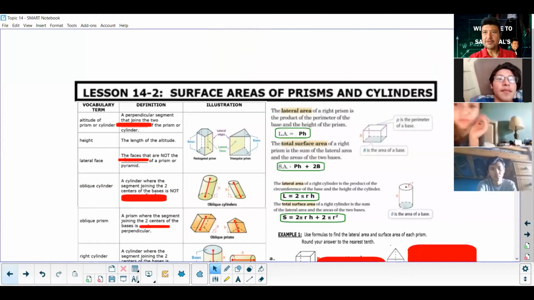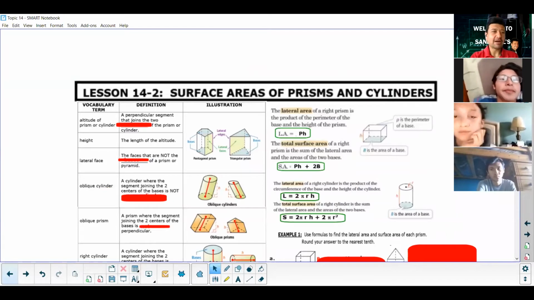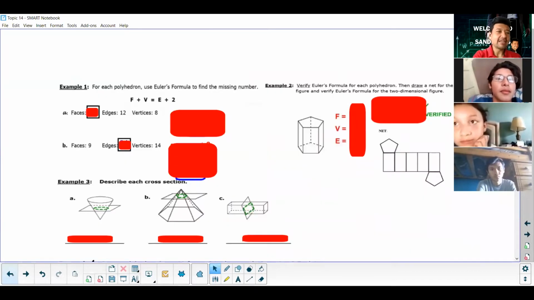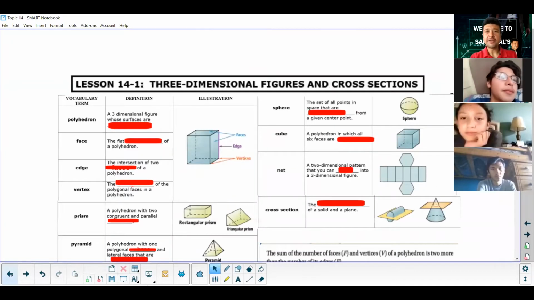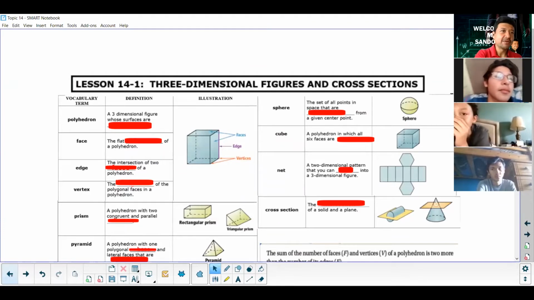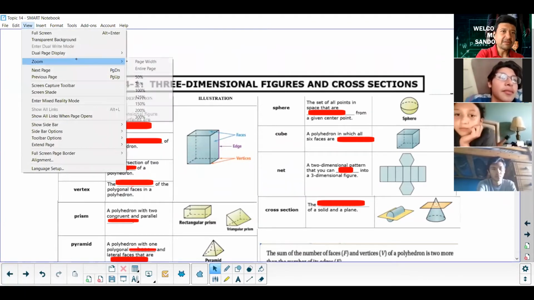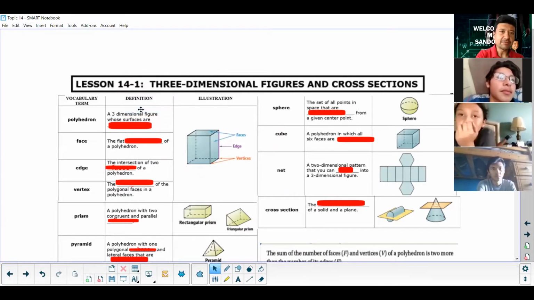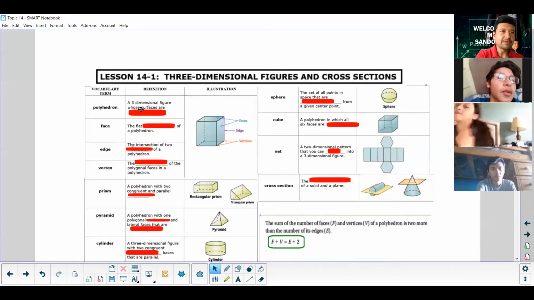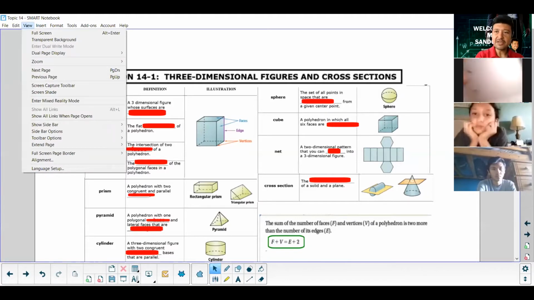Now, today we're going to move into one of the foundational things to do with geometry, and that is three-dimensional figures and cross-sections. Let me zoom in because I want to make sure everybody has the benefit of seeing this a little bit better.